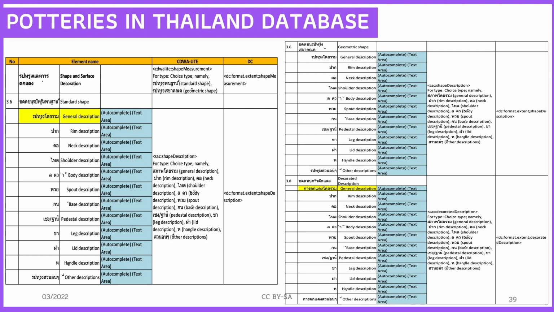Shape and surface decoration. Identifying shapes and decorations that can be observed on the surface of the pottery, in the overview, and in each part of the pottery.